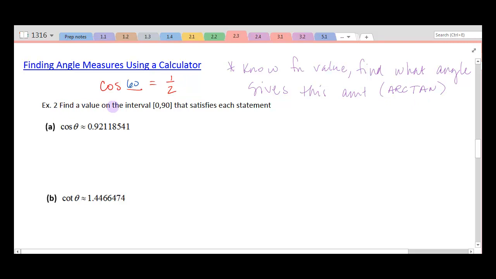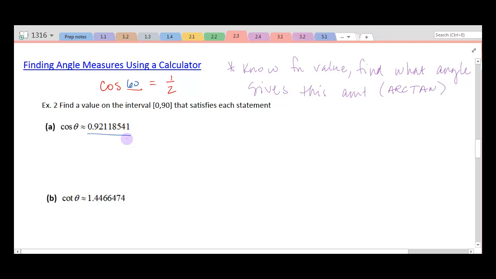Now the example that we're going to look at says I want to find out what theta is if I know that the value is given. And we're only looking at theta in the first quadrant, so only angle measurements between 0 and 90 degrees.